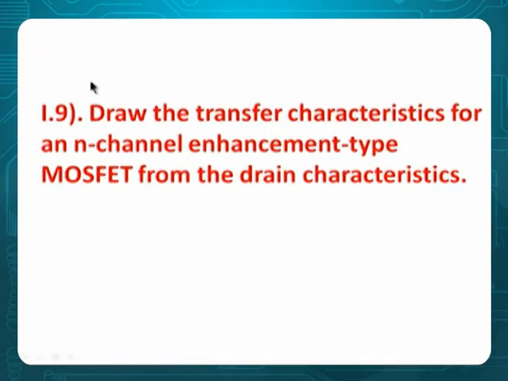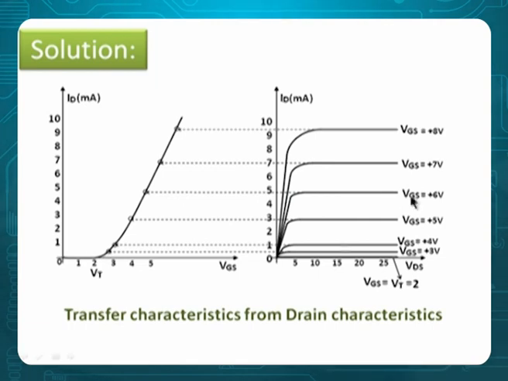Problem 9. Draw the transfer characteristics for an N-channel enhancement type MOSFET from drain characteristics. From drain characteristics, you try to estimate the transfer. As I already told you, there is a way to estimate it. Look here, this is the output characteristics. Take the values each. What is the value of current here?